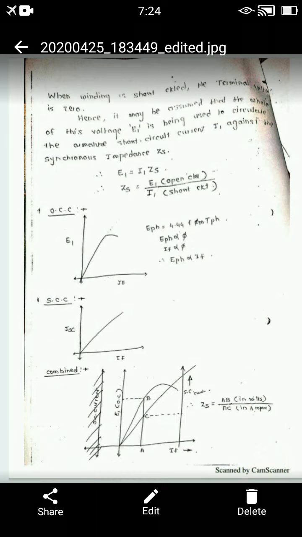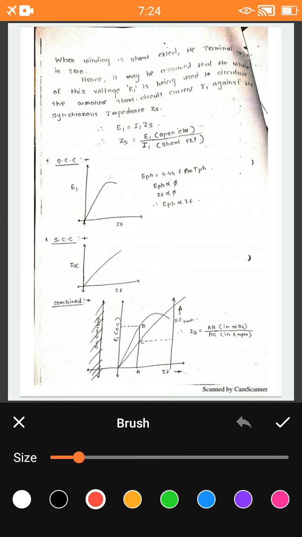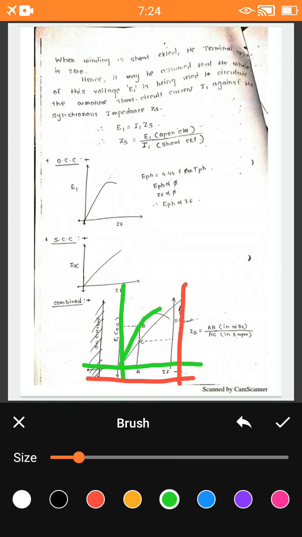From OCC and SCC, we can draw the common characteristics, in which the OCC is drawn as IF versus E1, and similarly the SCC is drawn as IF versus short circuit current. The first characteristic, the OCC, is in green color, and the second, the short circuit, is in red color.